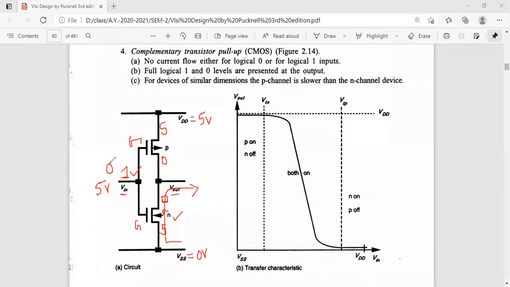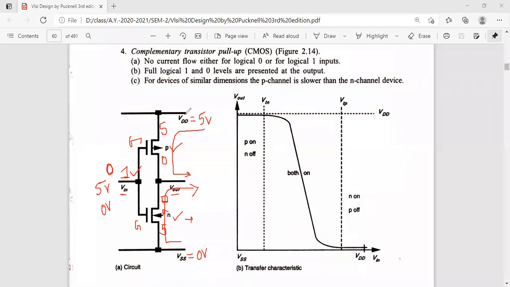Next, if I give an input of 0 digitally, that means an input voltage of 0 volts here, this PMOS transistor will be on and this NMOS transistor will be in the off state. So there exists a connection between VDD, that's 5 volts, via the PMOS to the output.